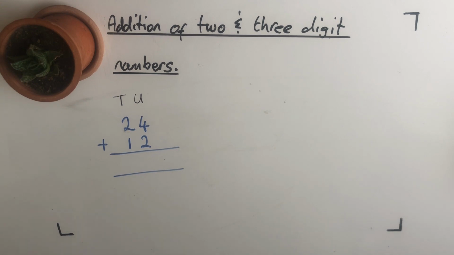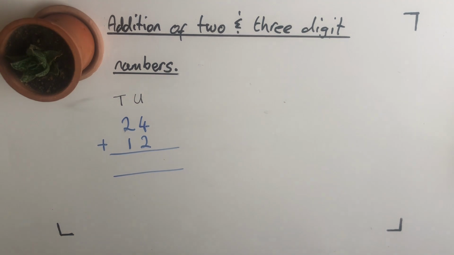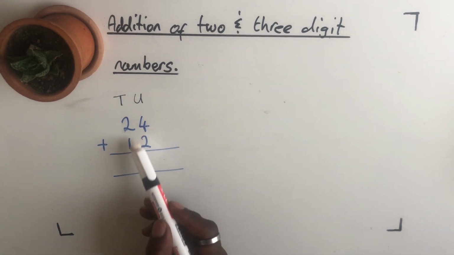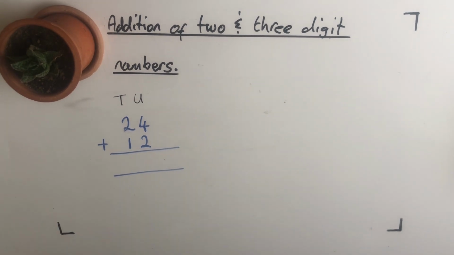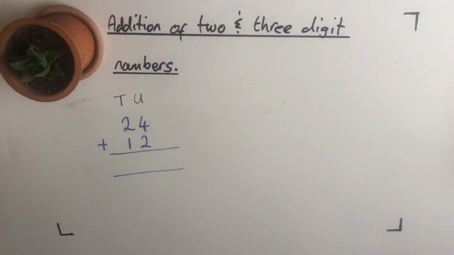And then the second step is we start adding from the right. So we add the units. These are units or ones. So essentially what we have here is 4 plus this 2. Here I will use the fruits just to show you.